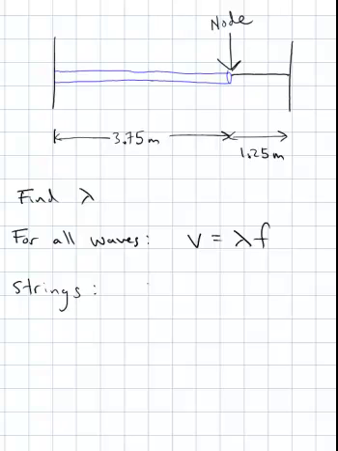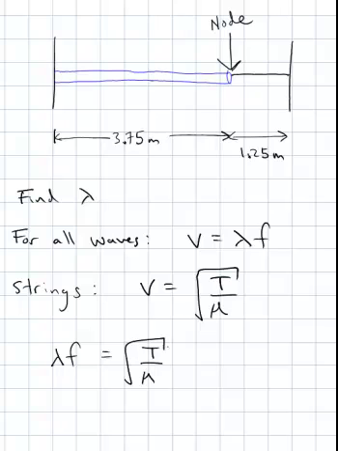We know that the velocity, the speed, is the square root of the tension over the density. So we combine these two, and what do we end up with? We end up with lambda times the frequency is the square root of the tension over the density.